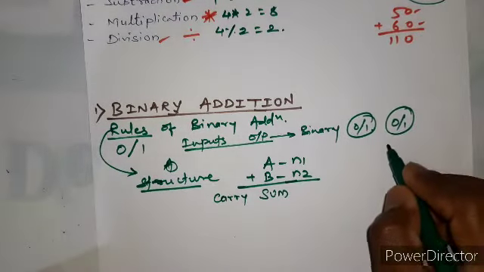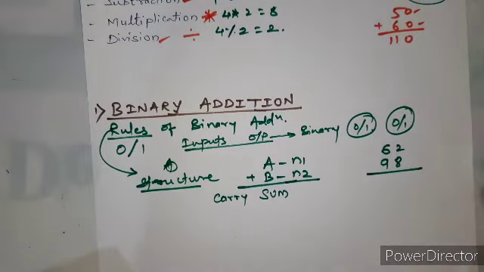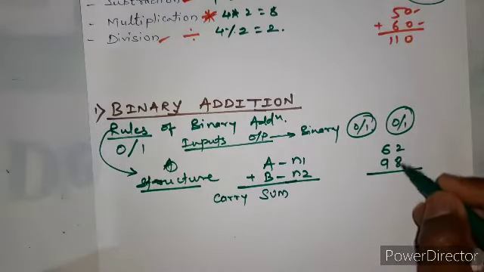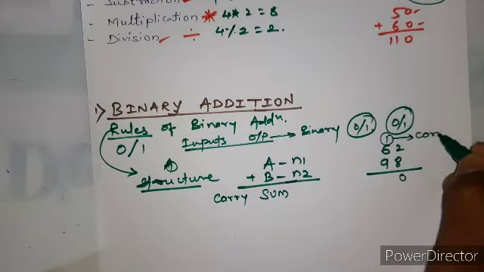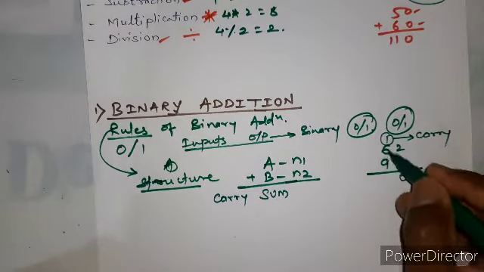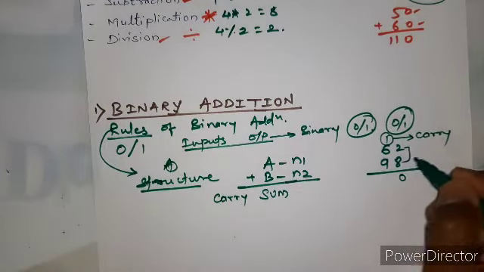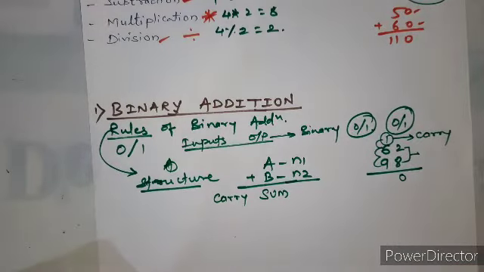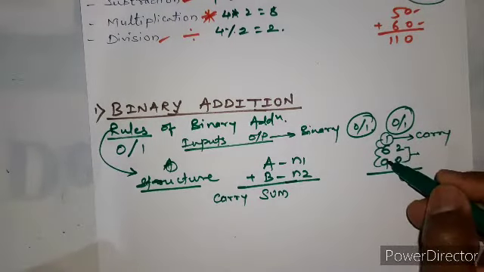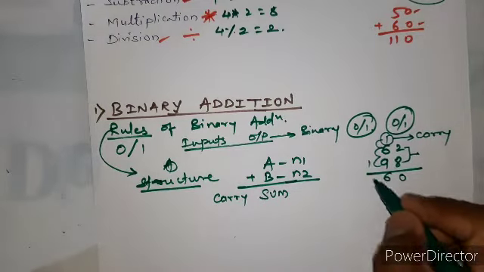Like if I try to add 62 and 98, right? So this is 8 plus 2, 10, 1 is carry. Now the carry can be added here, right? So sometimes it is 2 numbers, sometimes it is 3 numbers. Okay, then this becomes 16, so carry 1.